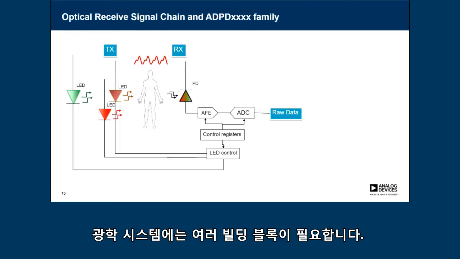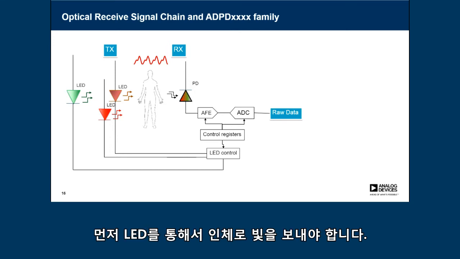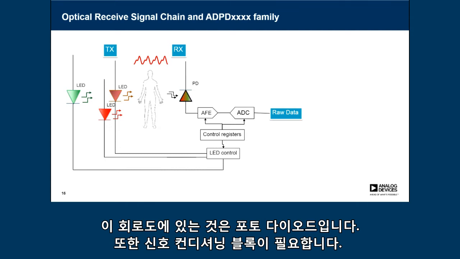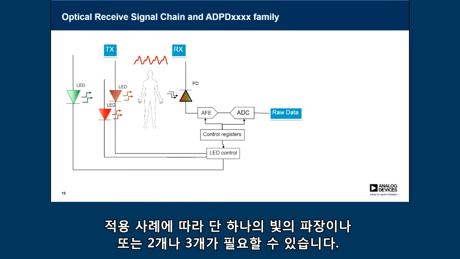In an optical system, you need several building blocks. First of all, you need light sent into the body, which we do with LEDs. You need a receiver, which in this circuit diagram is the photodiode, and then you need your signal conditioning block. Depending on the use case, you might have just one wavelength of light, two or three.